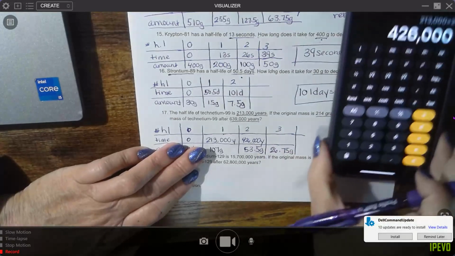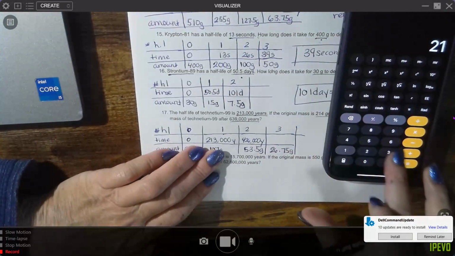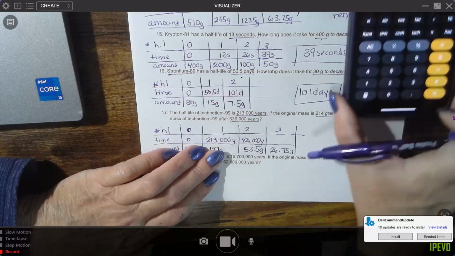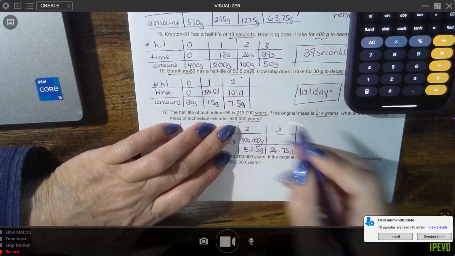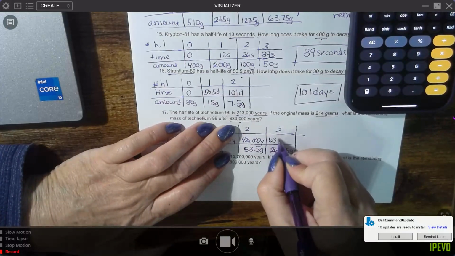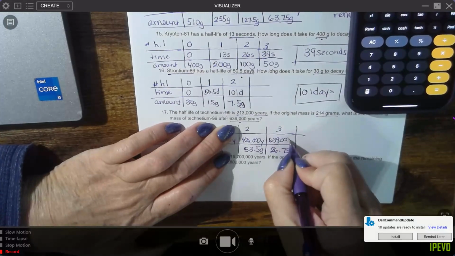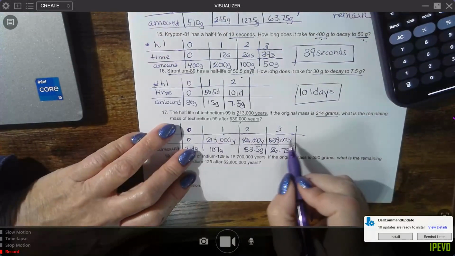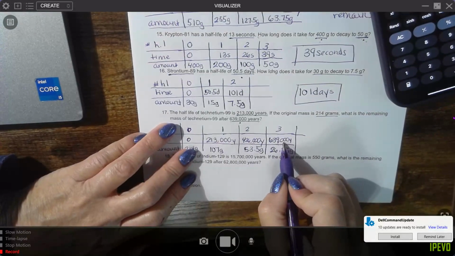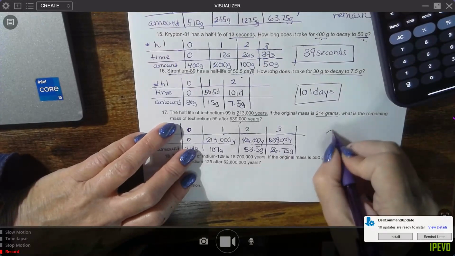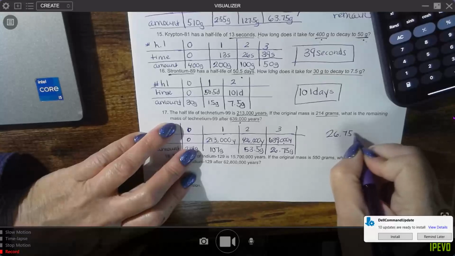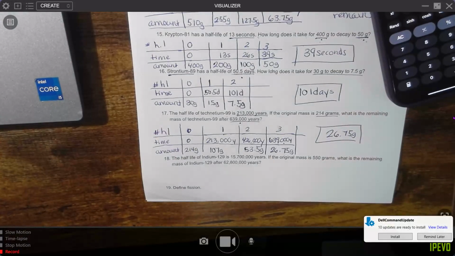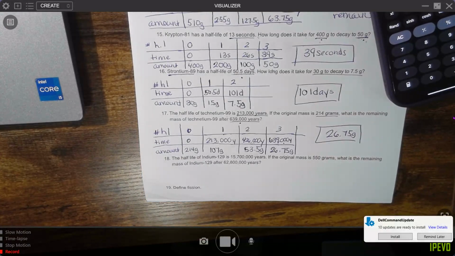What is 3 half-lives? 213,000 times 3 is, oh, check it out, 639,000 years. So what that says is after 639,000 years, 26.75 grams would remain.